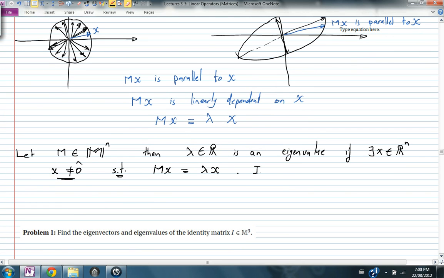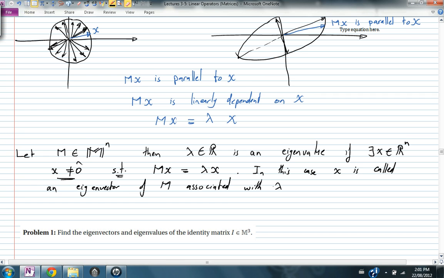In this case, x is called an eigenvector of M associated with lambda.